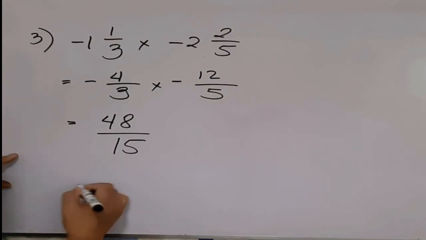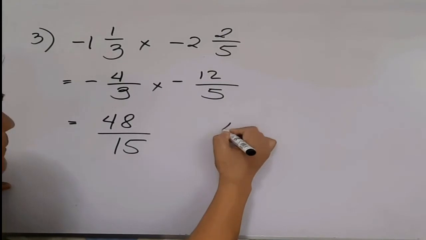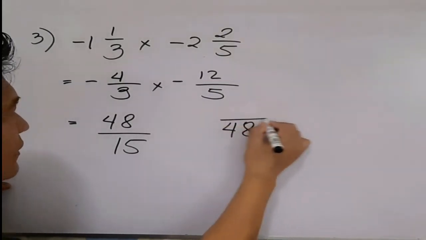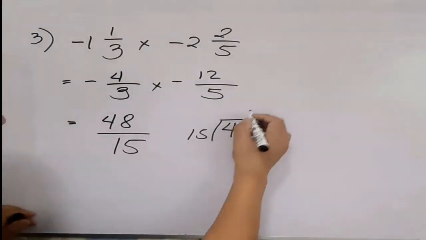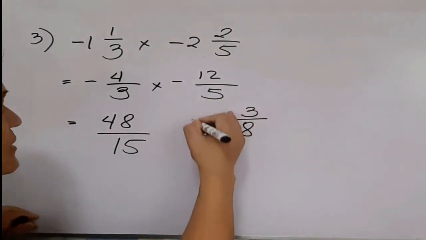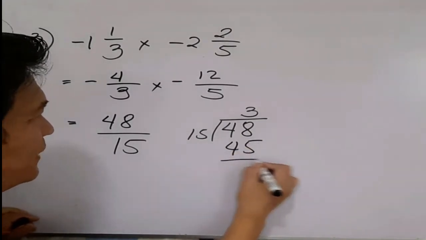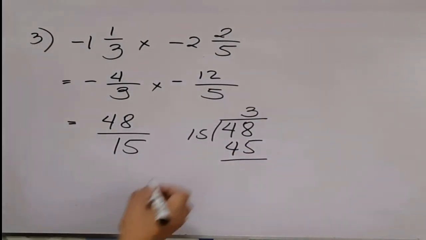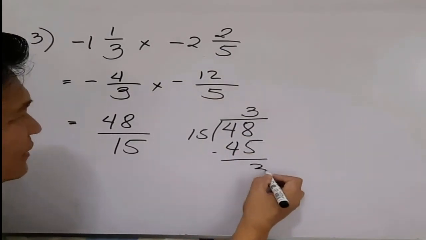So, we simplify this by dividing 48 divided by 15. 48 divided by 15 is 3. So 3 times 15 is 45, and then we subtract. Okay? 48 minus 45 is 3.